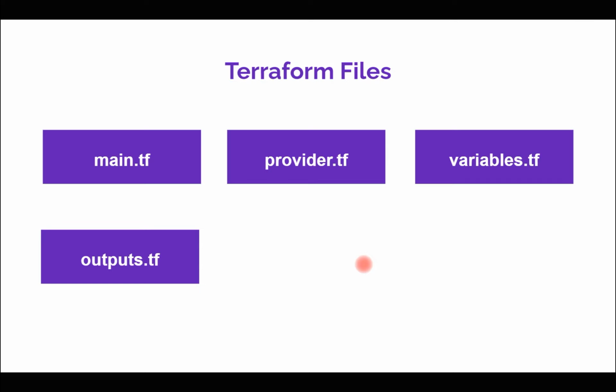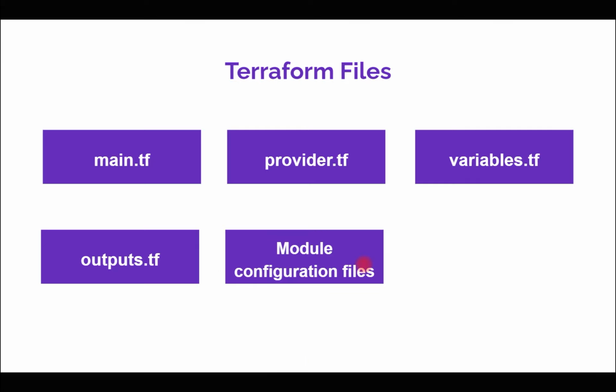It is useful for displaying information about the infrastructure, or for passing any value to other tools or applications. Next, we have module configuration files. These files are like a function that we can use. It is a reusable piece of Terraform code that can encapsulate common infrastructure patterns.